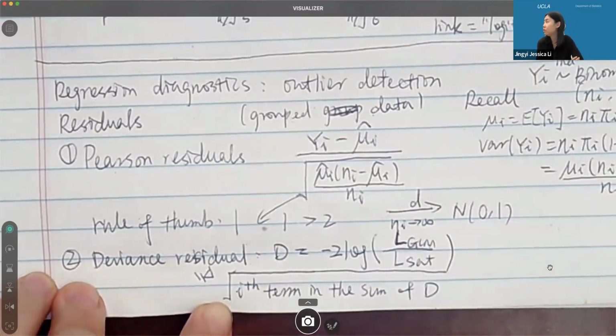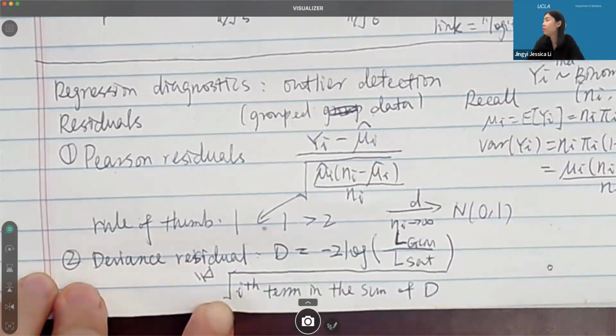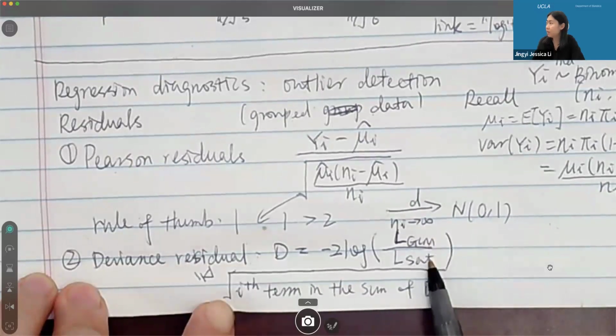And call that the deviance residual. Roughly speaking, this is based on the fact that the deviance should roughly follow a chi-square distribution with n minus p degrees of freedom. That degree of freedom is the difference in the number of parameters between the two models.